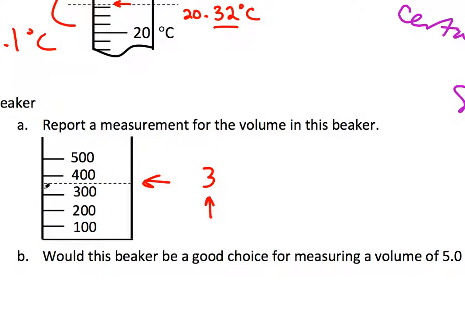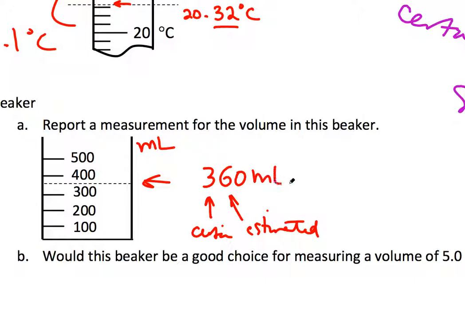So I think it's slightly above halfway, so I'm just going to say it's 360, but you could equally say it was 370 maybe, right? So that's okay. This is your certain digit, this is your estimated digit. And unfortunately, there's no units here. We should always write down our units, okay? So I'm just going to pretend it was milliliters.